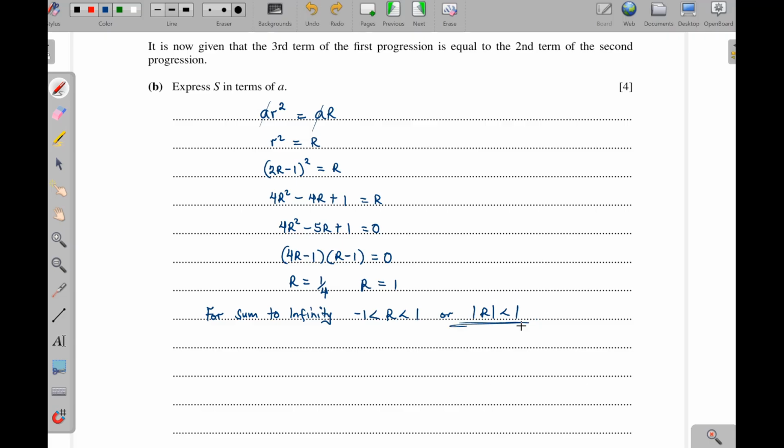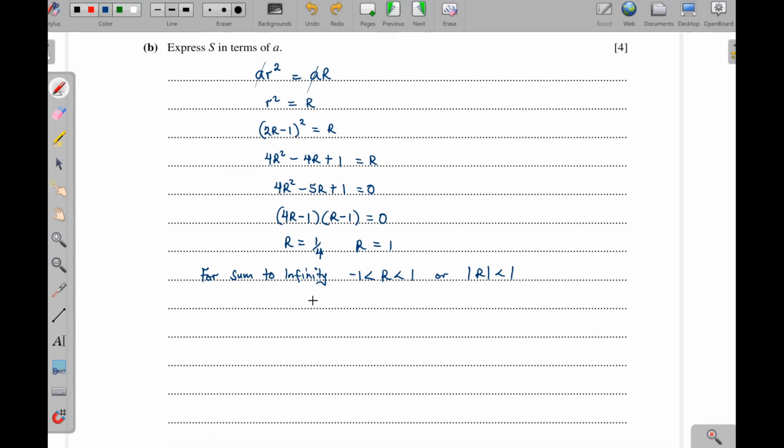You learn modulus functions in A level, that is Pure Mathematics 3, and that is the first chapter. So that means I will take my r, the one which falls within this range. I cannot take 1 because 1 is not included here, so r is going to be a quarter.